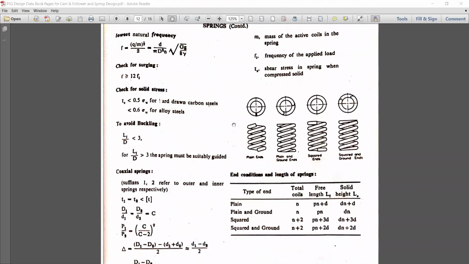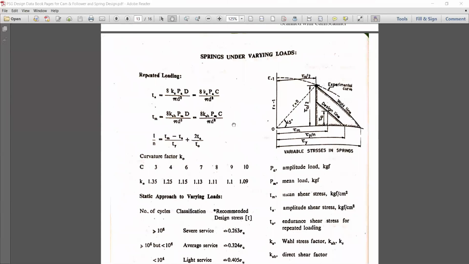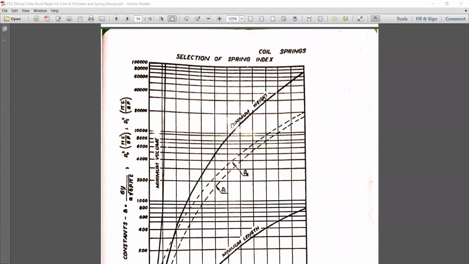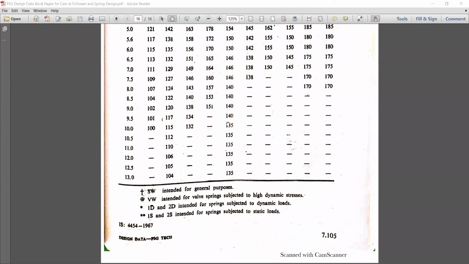The various equations and standard data based on spring design are available till PSG page number 7.105. So that many PSG pages are required for the design of a cam.